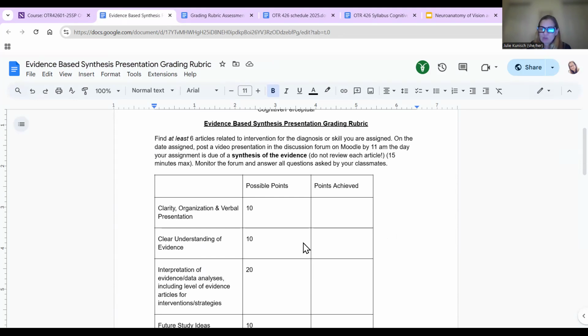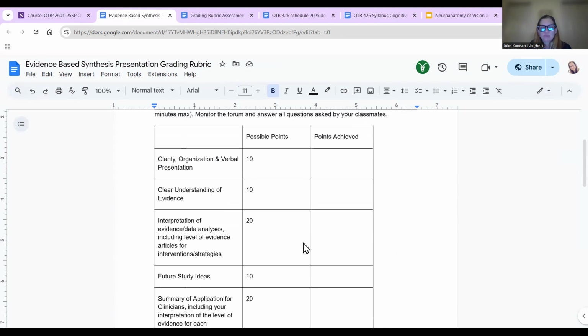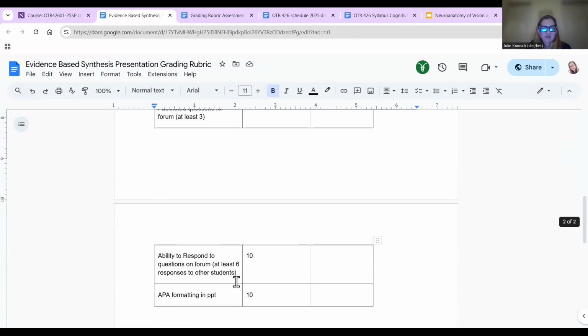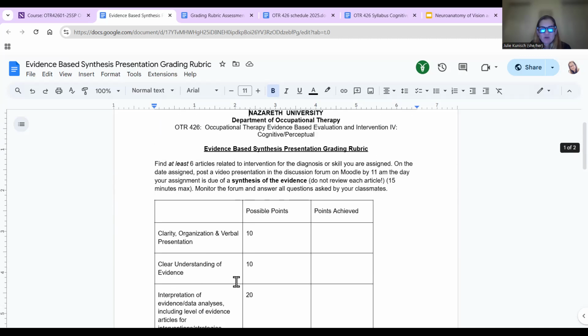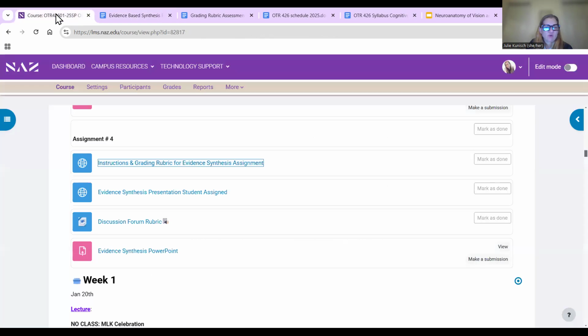This will be posted in a forum for the week, and other students in the class will be posting about it and responding about your presentation. Very, very similar rubric. This time, though, you will be looking at 6 articles when last year it was 4 articles. Let me know if you have questions about that.